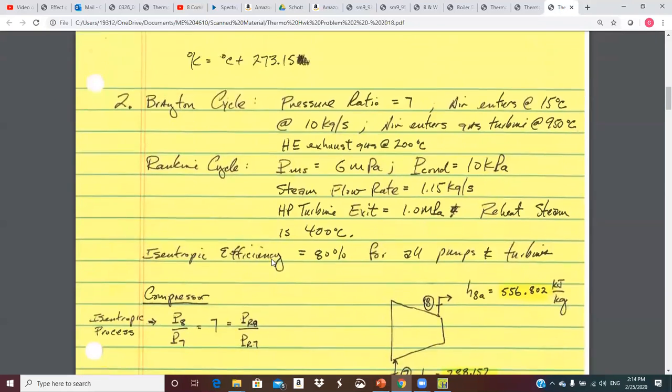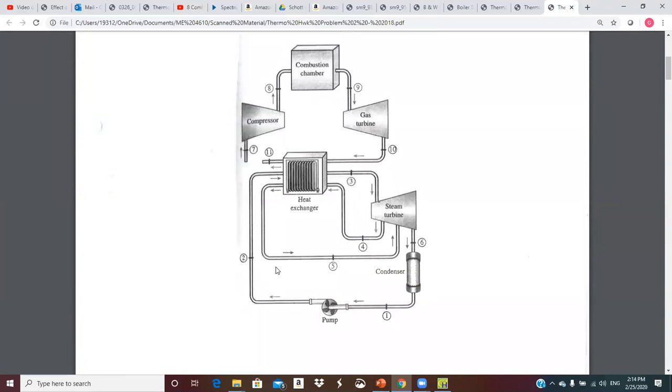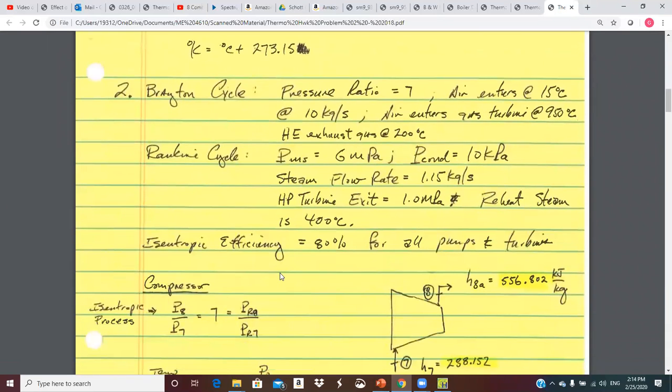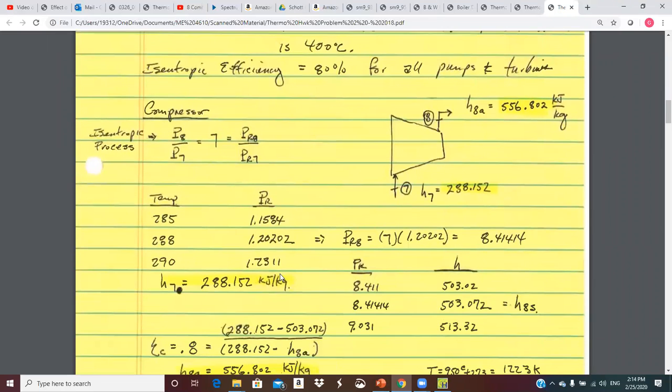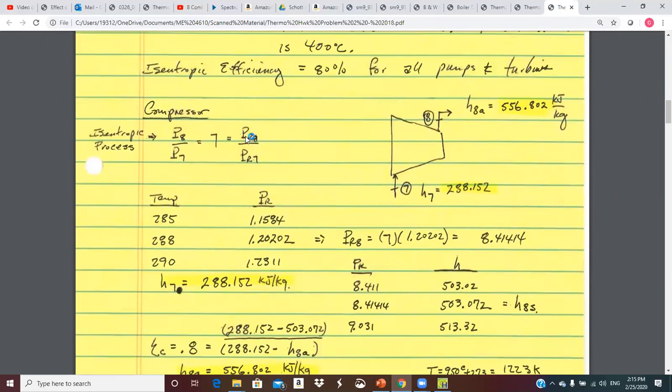Okay, so with all of these things, you got to go find the enthalpies. That's the first part of the game. Got to find the enthalpies. Well, so when we have air, we can use this reduced pressure. Or is that relative? I always get those confused. Anyway, it's that piece of bar that's in the air standard table.